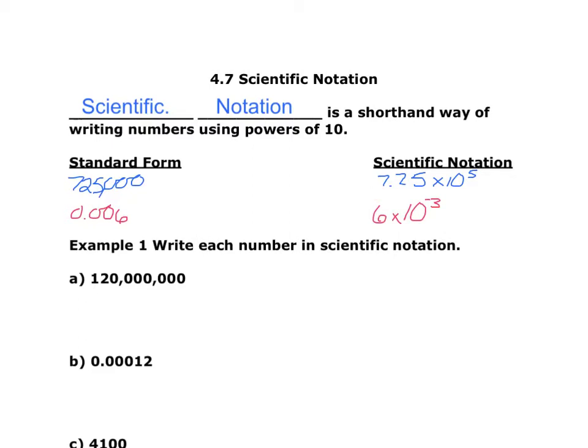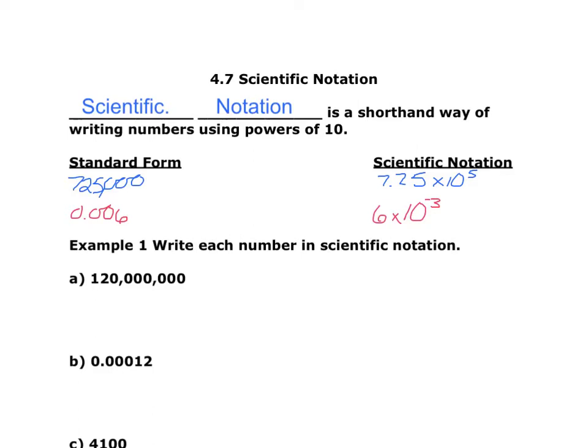Then when we go to write this in scientific notation, since I had to shift my decimal the other way, my exponent is going to be negative. So if I have to shift it 1, 2, 3 times to the right, I make my exponent negative, whereas this one I had to start on the right and go 1, 2, 3, 4, 5. And I went to the left, so my exponent is positive.